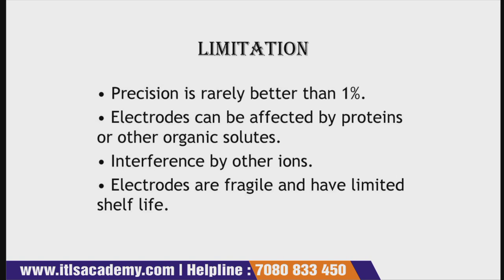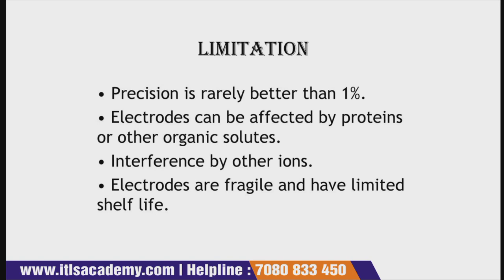Since these are the advantages, now let us understand the limitations or disadvantages. We all know that electrodes are fragile, so they have a very limited shelf life, and interference can be caused by other ions also. Electrodes can be affected by proteins or other organic solutes. So here also the main drawback is the electrodes.